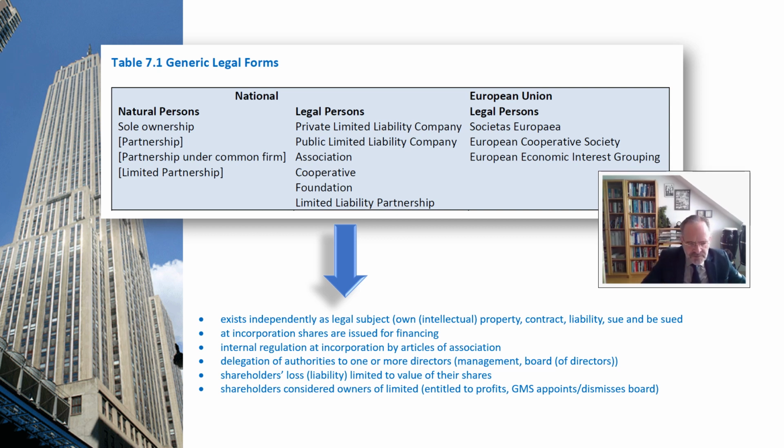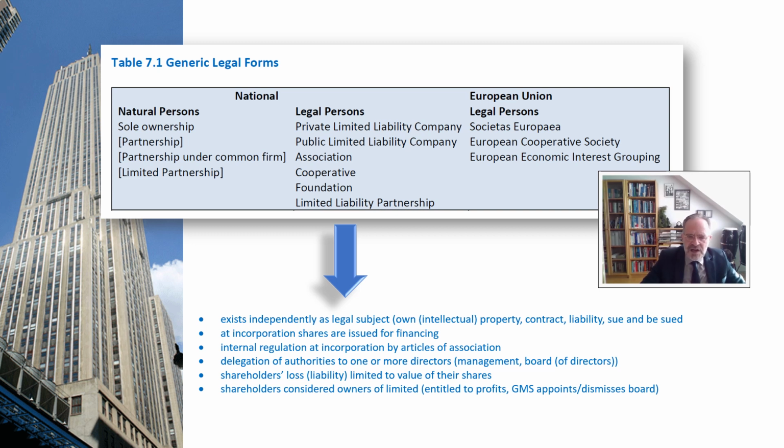At incorporation, one of the steps is that articles of association must be drafted, and that document outlines important decisions like the number of shares, the value of the shares, and it will appoint the management. Because, and that is the next step, a characteristic of the legal person is that it cannot act by itself. It is an entity created by law. So you need human beings to act on behalf of the legal person.